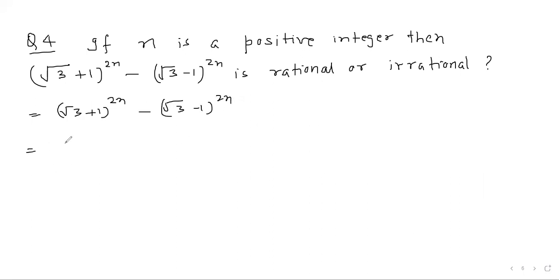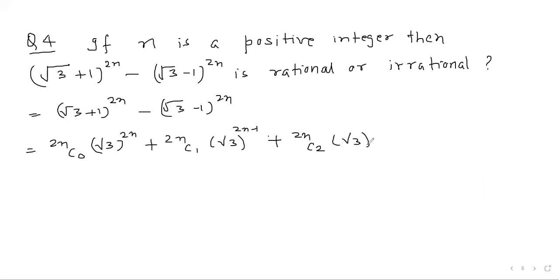Now we expand. So 2nc0 root 3 power 2n plus 2nc1 root 3 power 2n minus 1 times 1 plus 2nc2 root 3 power 2n minus 2 and so on.